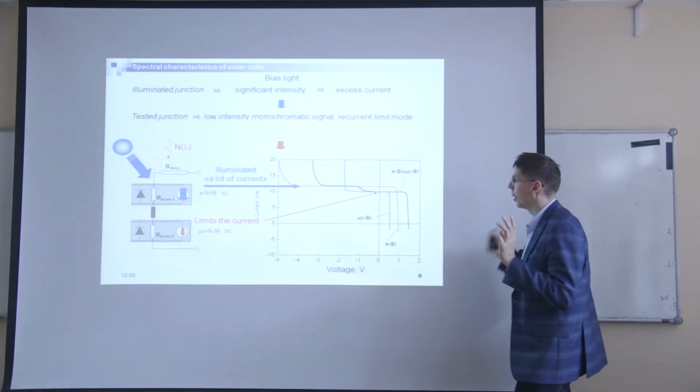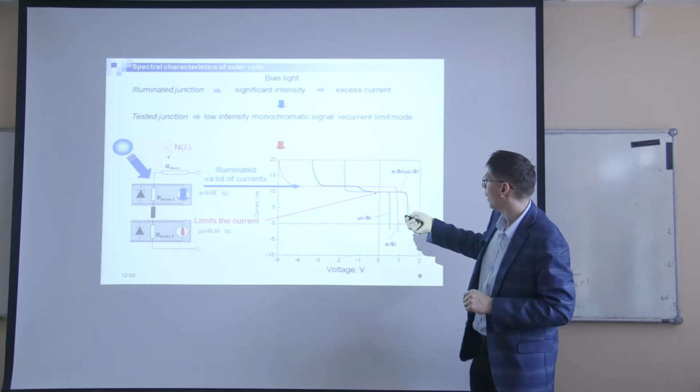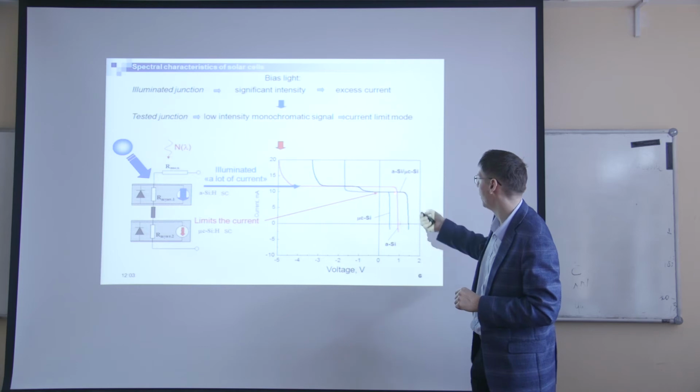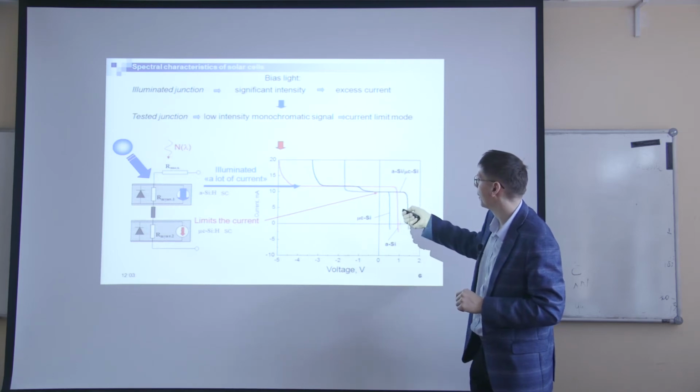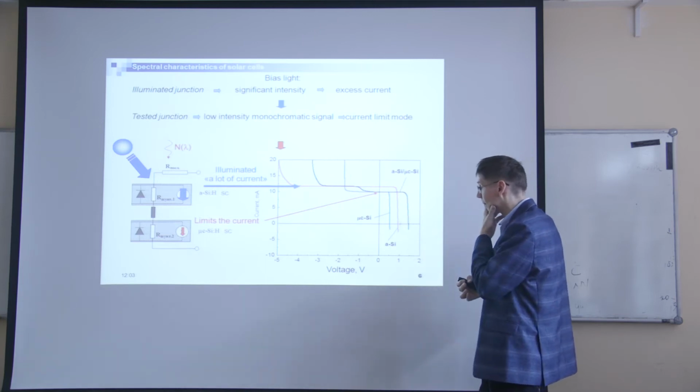So you can have a look at this IV curve. This is the IV curve of the top junction. You see it is illuminated, and so it has a high current.